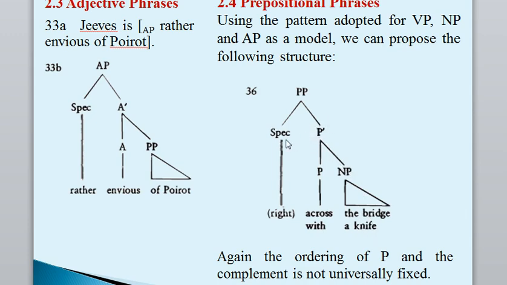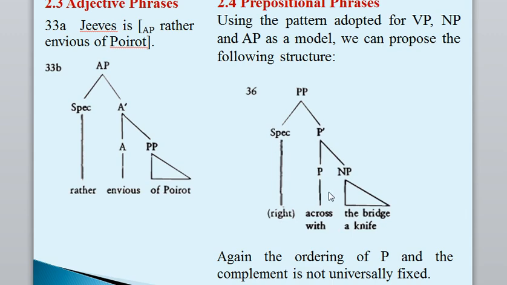Then this P1 bar combined with the specifier, like right here, produces the maximal projection, prepositional phrase. Again, the ordering of P and the complement is not universally fixed. This is the structure of the English language.